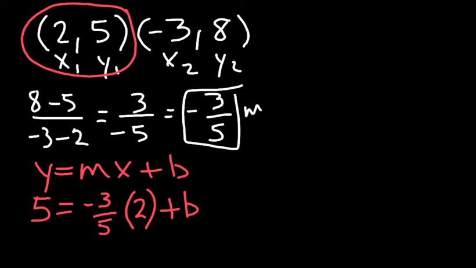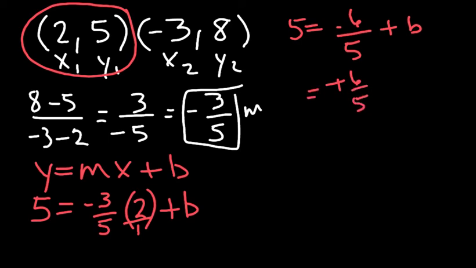So now I'm going to do the math. Okay, so 5 equals, put your 2 over 1, that's going to be negative 6/5 plus b. So since that's negative 6/5, I'm going to go plus 6/5 to each side. So I got 5 plus 6/5.